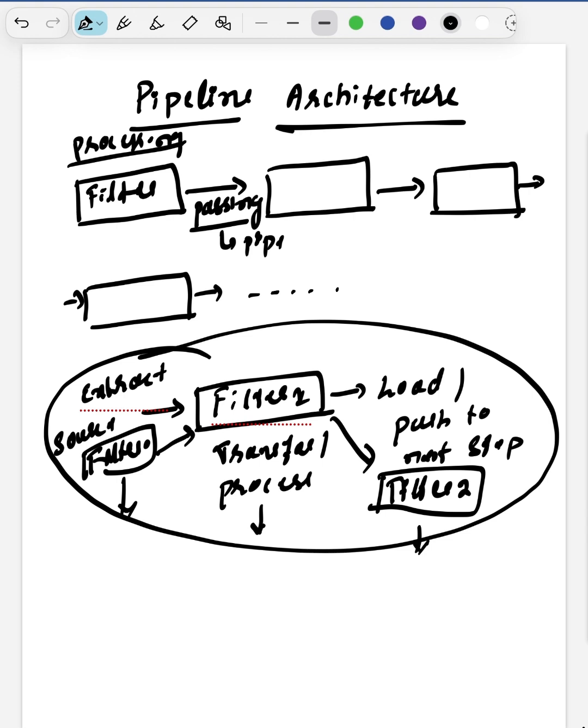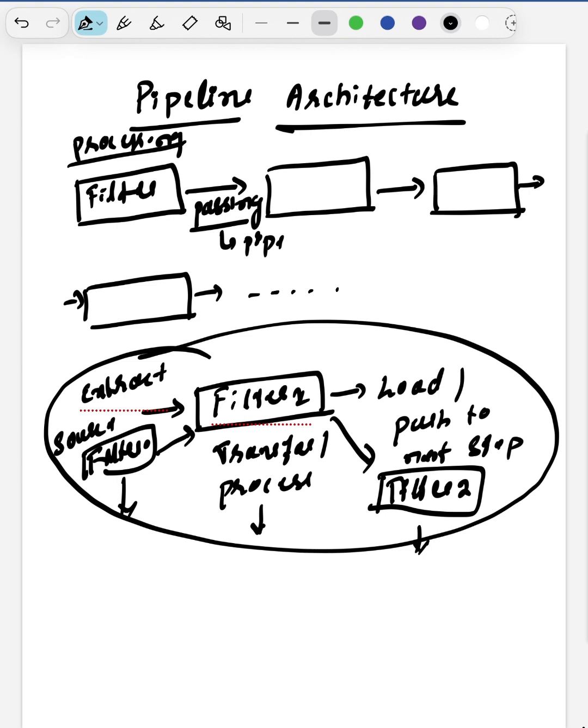Every night there is an ETL pipeline running. So what does the extract filter do? It pulls all the transactions from all the systems for the last 24 hours. It is raw data in different formats, all dumped together.